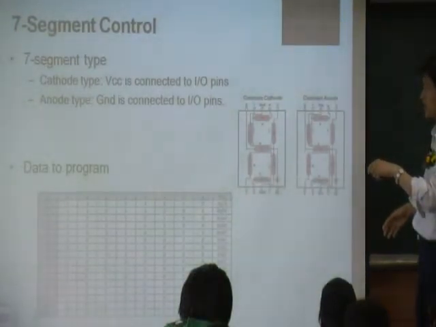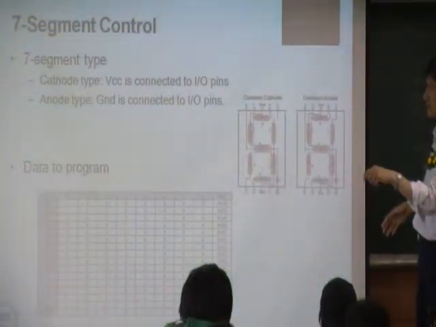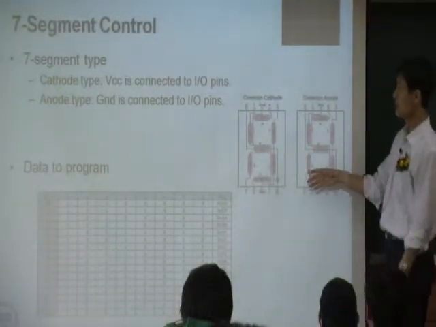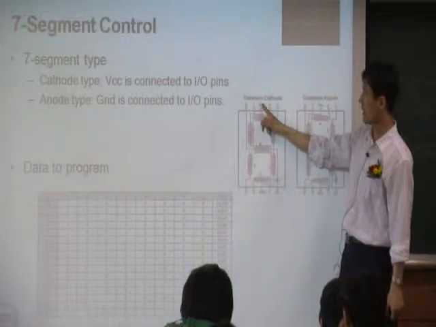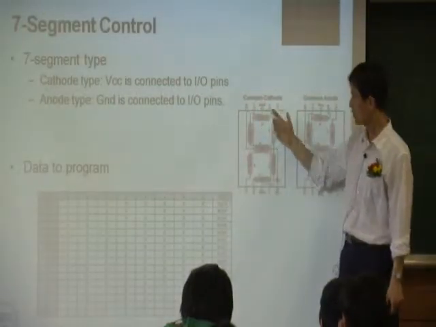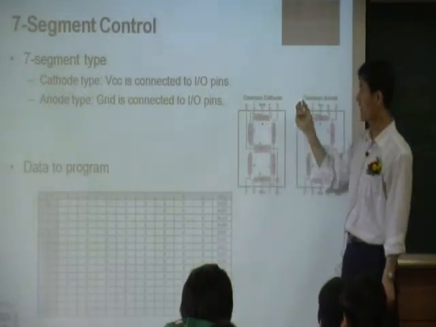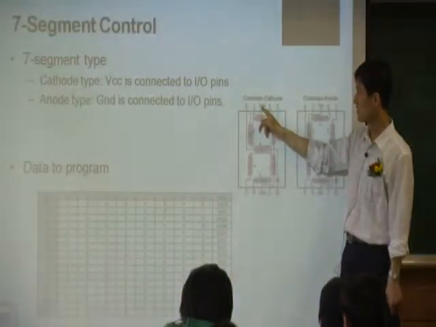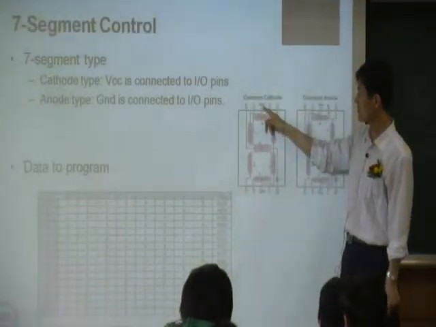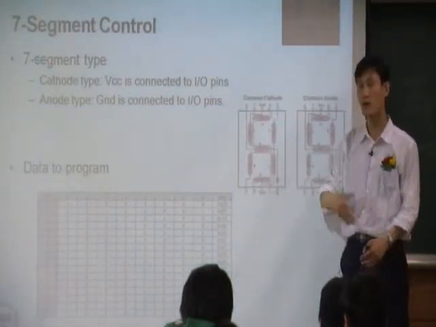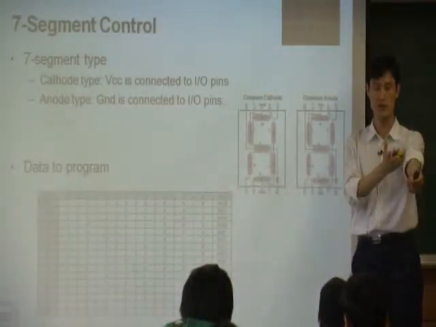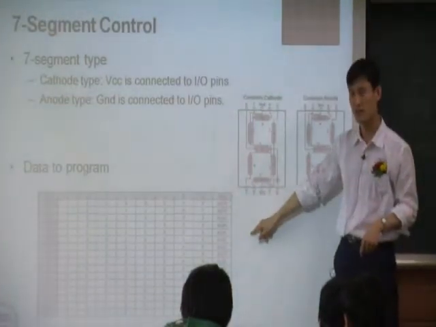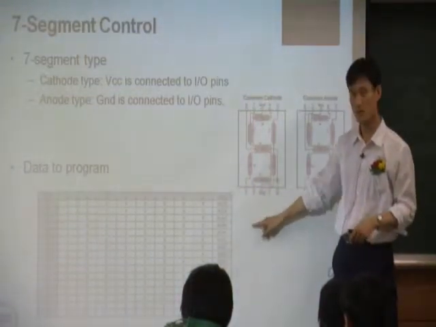In common cathode, as you see here, VCC is connected to the I/O pin. We always have a ground and VCC, and the ground pin of this 7-segment is connected with the ground of your board. Ground you don't have to worry about; ground is already connected as a 0.